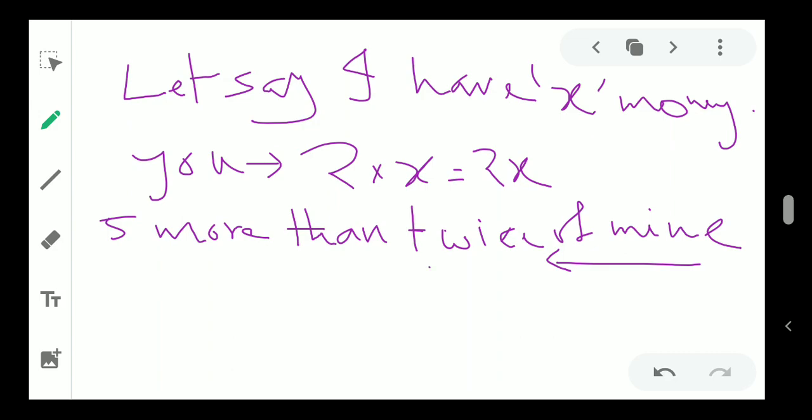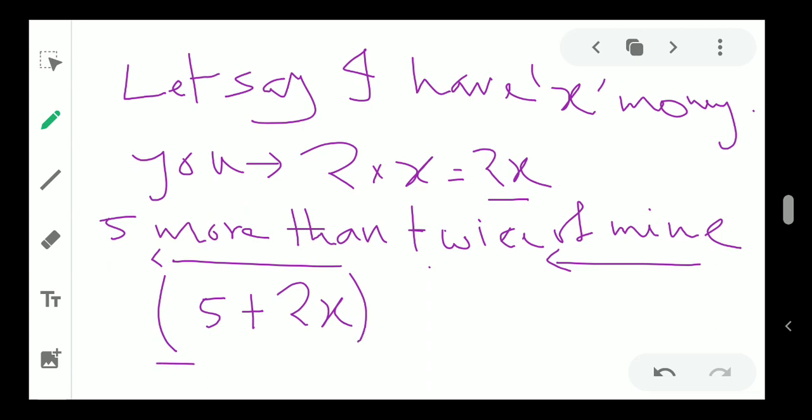So see, twice of mine, that is 2x, and 5 more than that. So that means 5 more than twice of my money, this much you are having. So this is the way of finding the expressions. Okay.